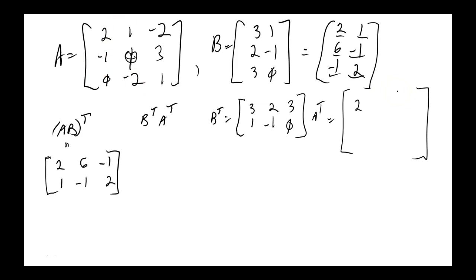Okay, no. If you're transposing A, are you doing column or row? Row, okay, give me the next entry in the first row. -1, 0. Next, 1, 0. Second, -2, okay. And -2, 3, 1. Okay. Can you multiply those two together? Why?